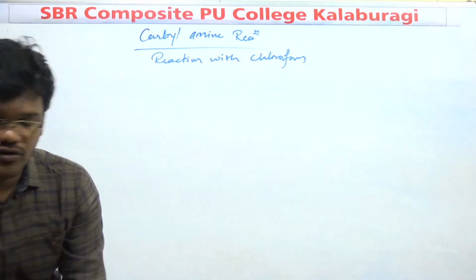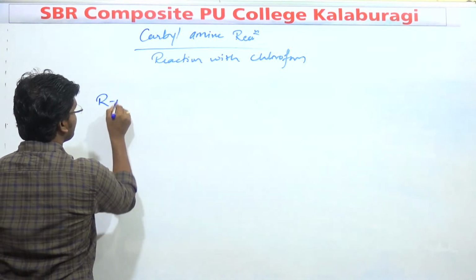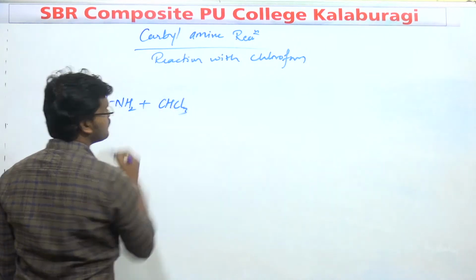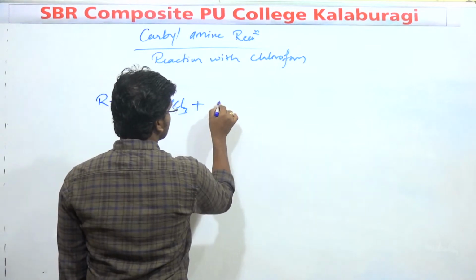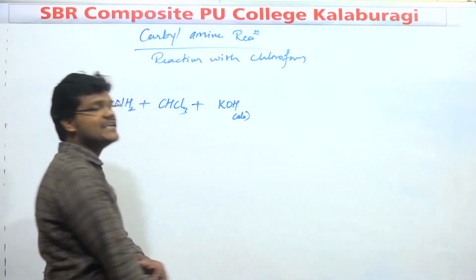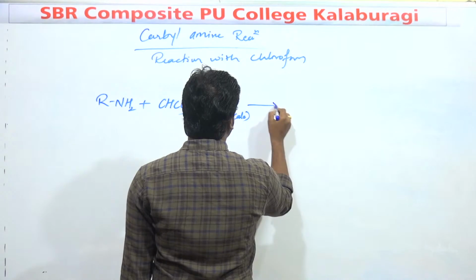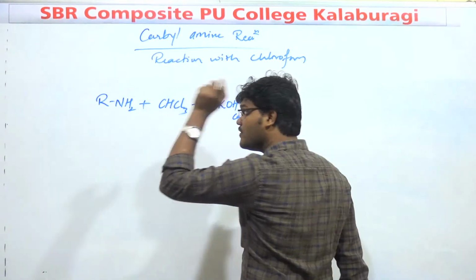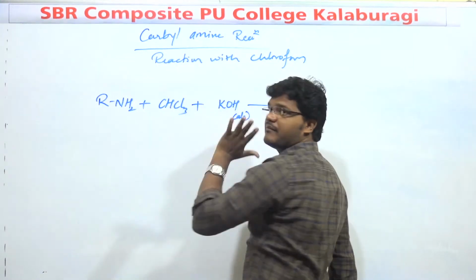So let us talk about this one. RNH2 plus it is made to react with chloroform, CHCl3, in presence of alcoholic, ethanolic KOH. When primary amine, particularly primary amine, please remember, in the carbylamine reaction I can't take secondary amine.